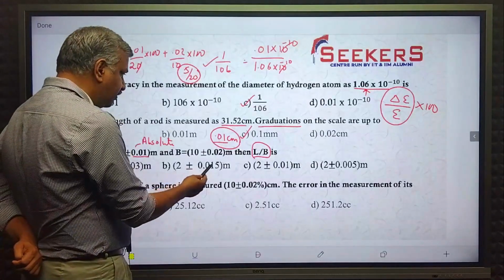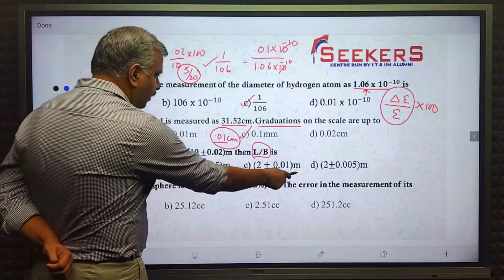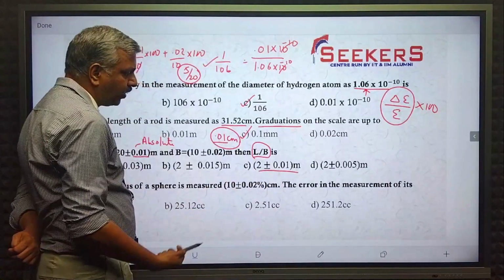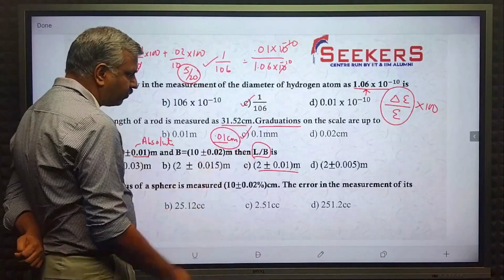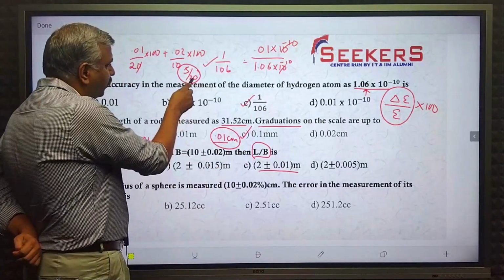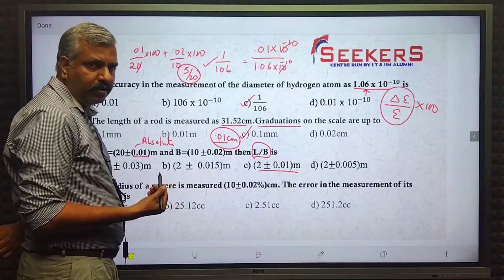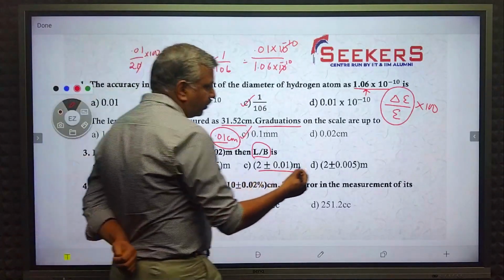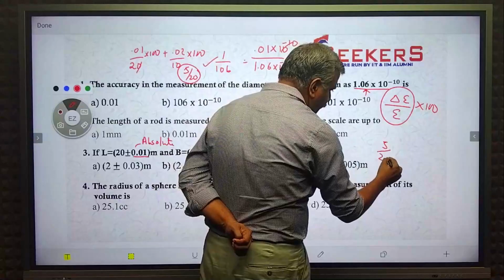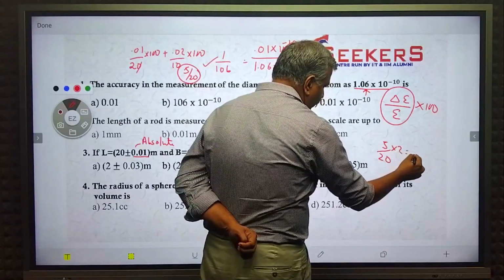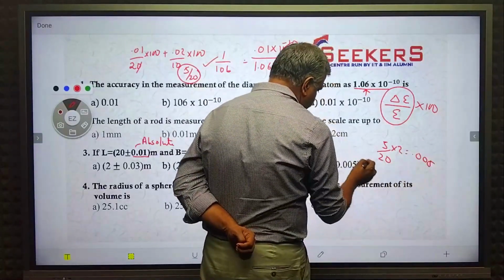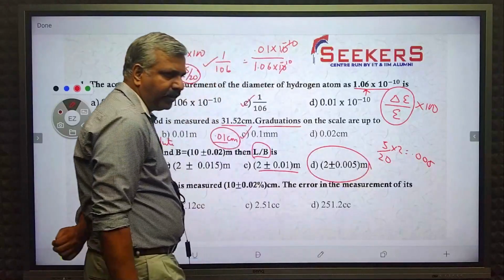But the question is, let's see. So the question they have given it as 0.01 meter or 0.15 meter or 0.005 meter and so on. So what we need to do is this 5 by 20, we need to convert it into an absolute error. So it will be 5 by 20 into 2, so that will give you 0.005 meters. So option D is the right answer.